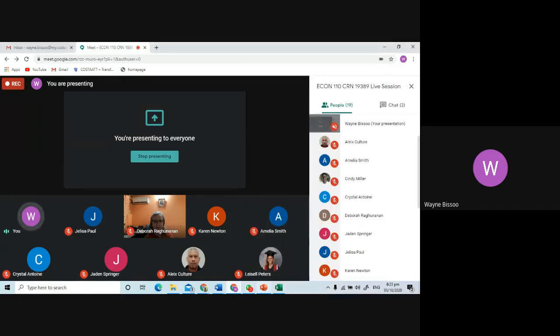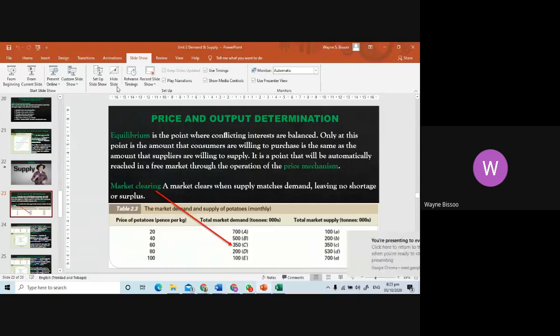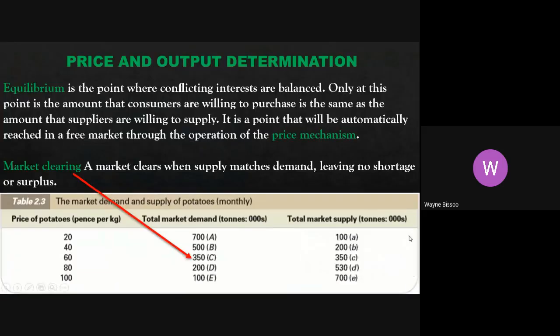Okay, back to the presentation here now. All right, so once we get to output, when we get to the market situation, you have a situation that we're looking at equilibrium. And equilibrium is a situation where the forces of demand and forces of supply meet each other, and when they interact with each other, they naturally want to create an equilibrium.